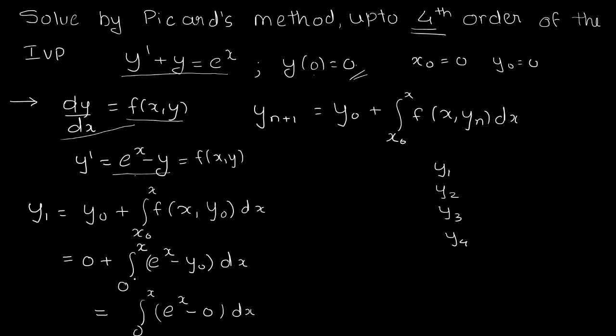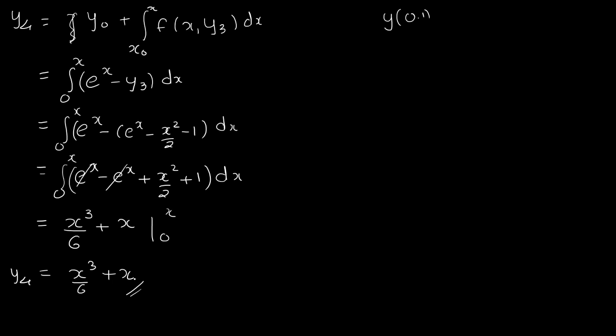Now in this example, the question does not ask you to find the value of y at any particular point. That means only the general formula has to be found out. So now this becomes my final answer. We need not substitute any values as it is not being asked. Okay, so this is about both kinds of Picard's problems.